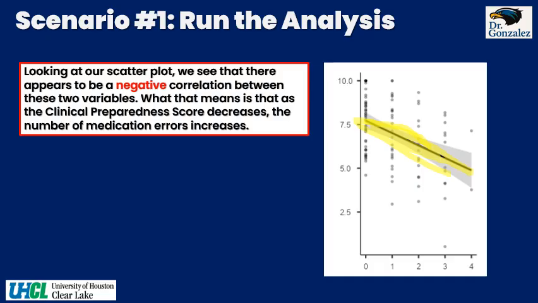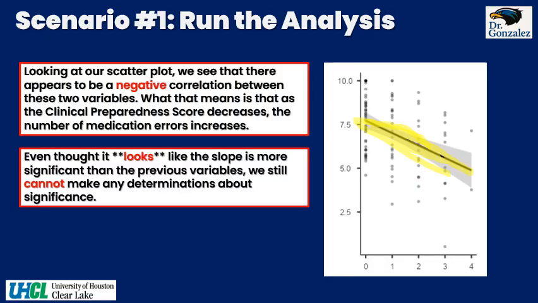They decrease. Okay? So even though it looks like the slope is more significant than the previous variables, I won't know that until I have made a determination about that significance using the critical values that I have set for R and for my alpha level.